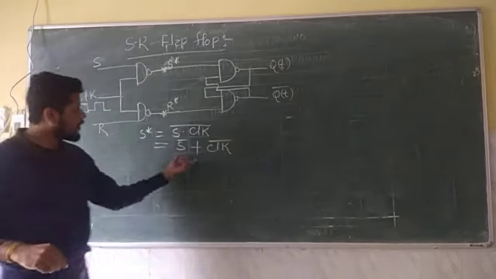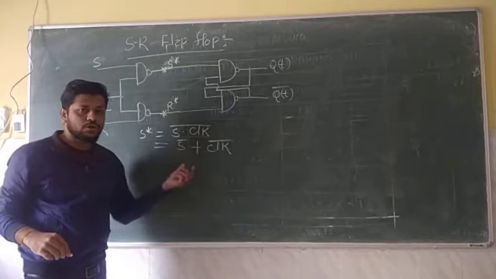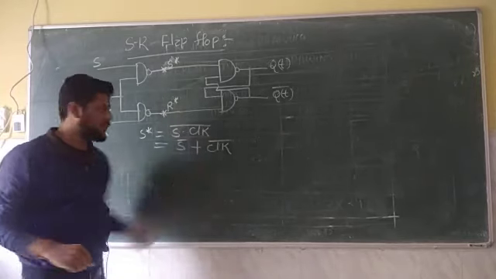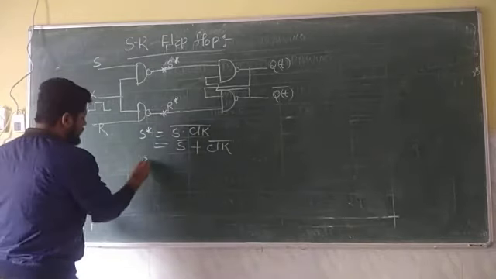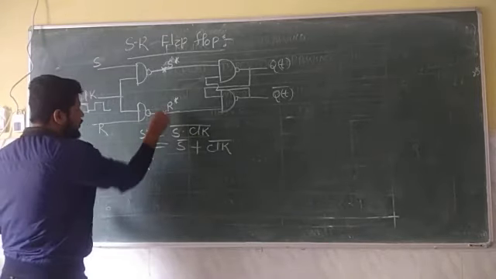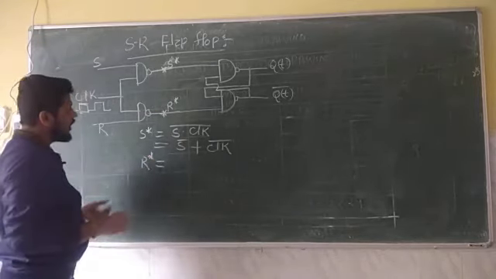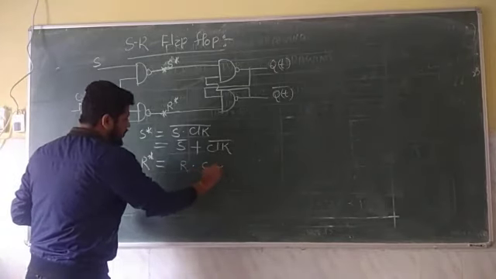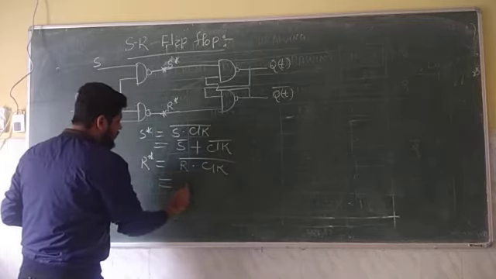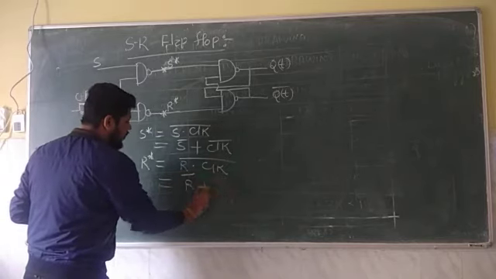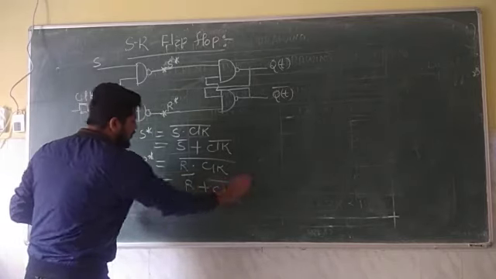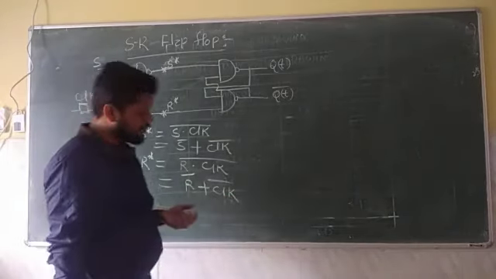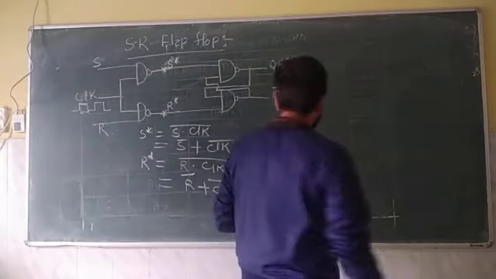How am I getting this? Because A dot B whole bar, from De Morgan's law, becomes A bar or B bar. Then what is the output here? Here R star is R dot clock whole bar, which is nothing but R bar or clock bar.